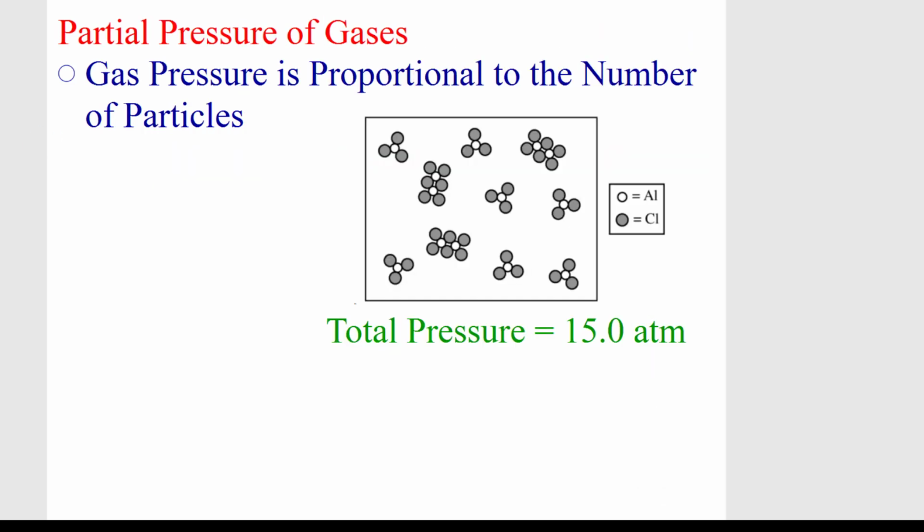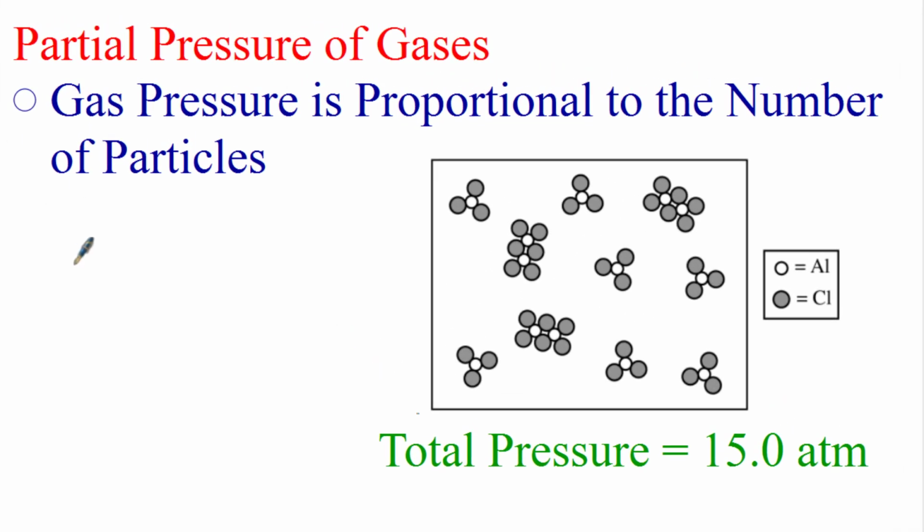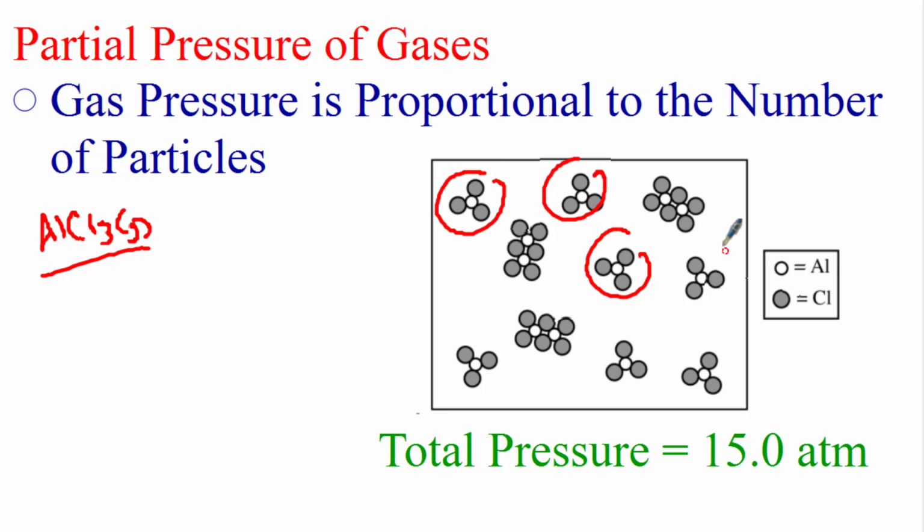Okay. Last, we're going to take a look at what's called partial pressures of gases. And that means gas pressure is proportional to the number of particles. So let's take a look at AlCl3 gas. If you can see, I have 1, 2, 3, 4, 5, 6, 7 particles of AlCl3.